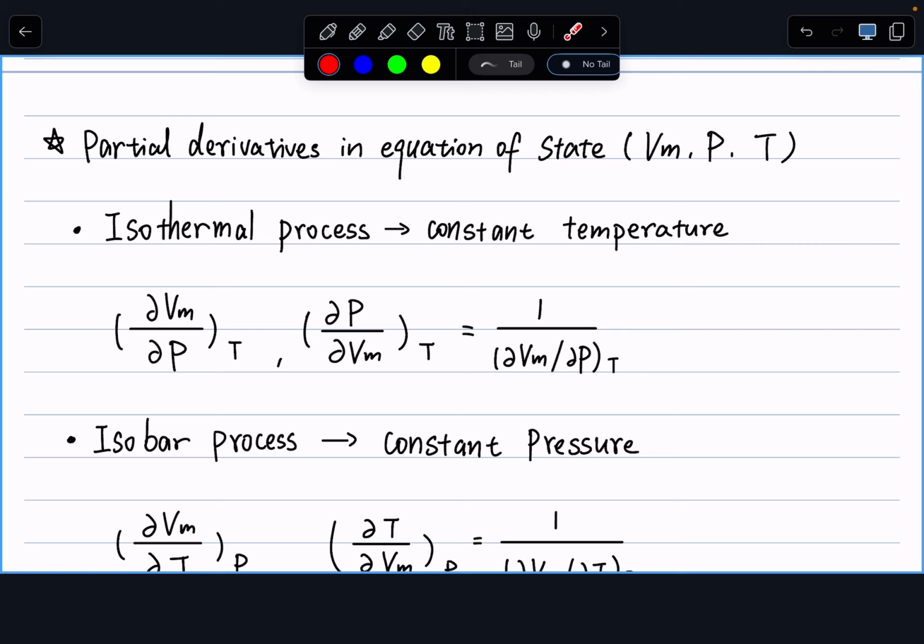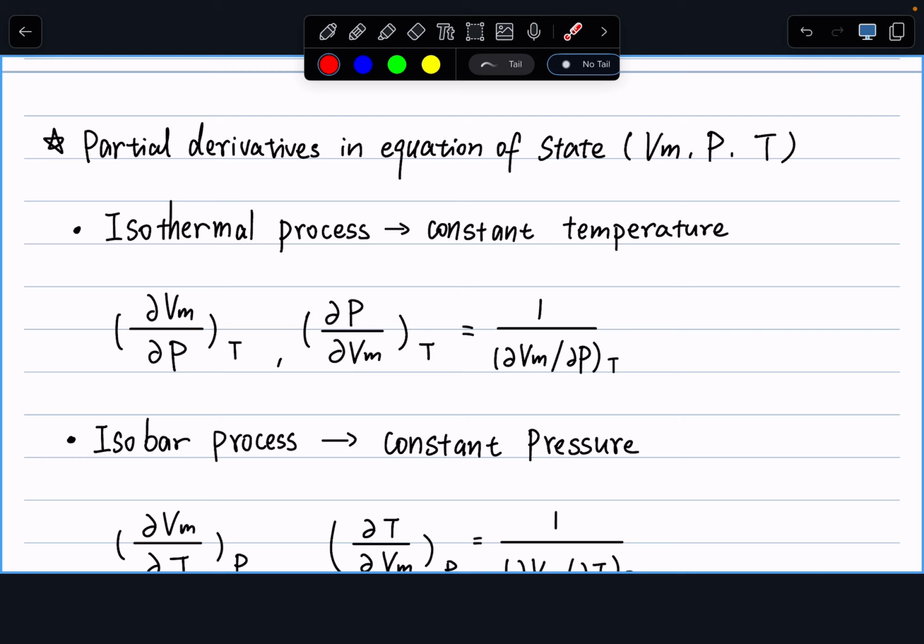Last lecture, we saw the ideal gas law and the van der Waals gas law. Effectively, all of these equations of state tell us the relationship between volume, or in this case, molar volume, assuming we don't have any exchange of matter. So we have a molar volume, pressure, and temperature.